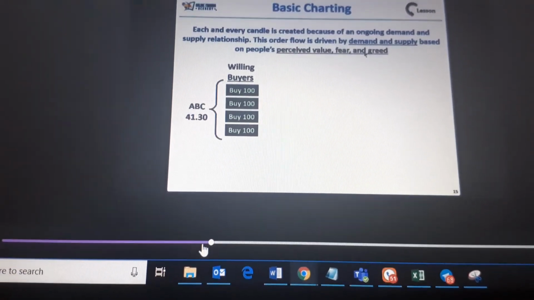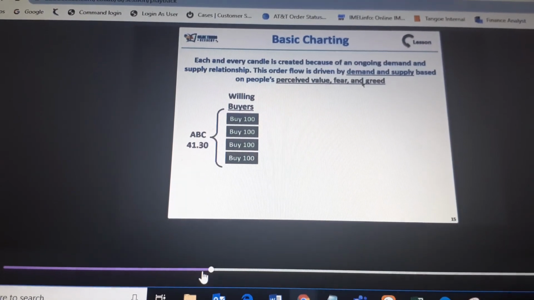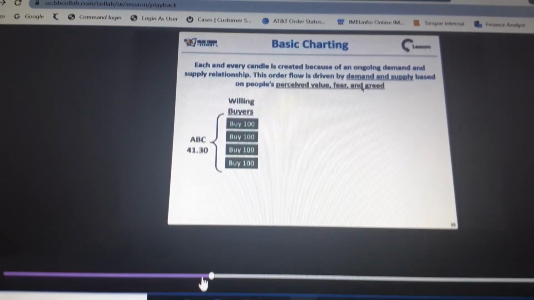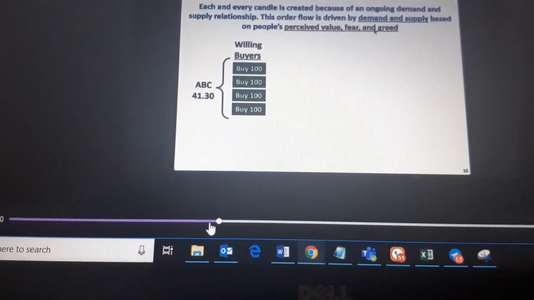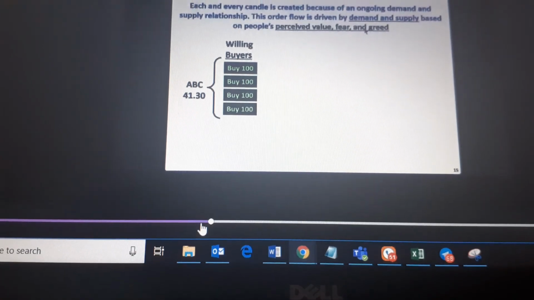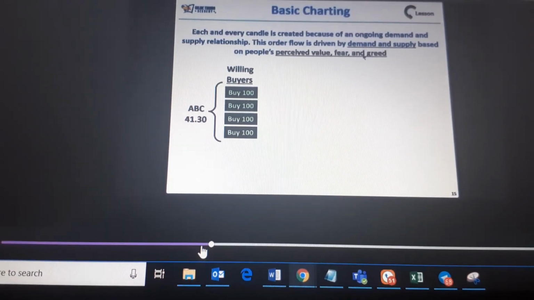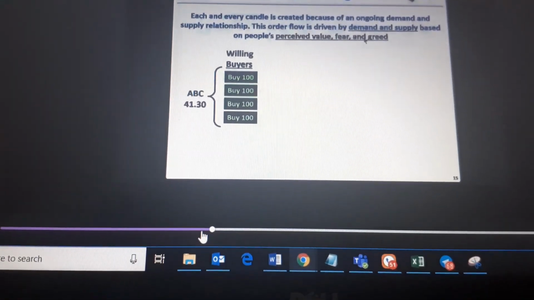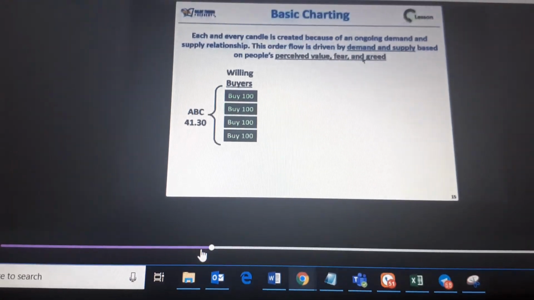If a seller is not available at 41.30, will the transaction take place? There is no seller available at 41.30, so the transaction will not take place.